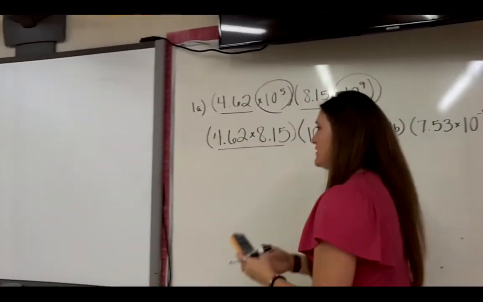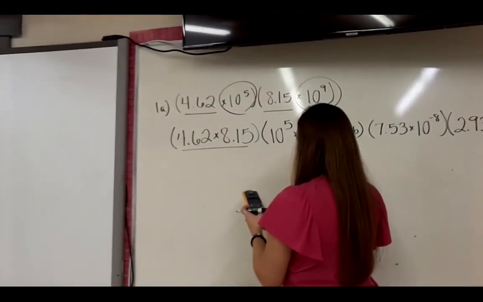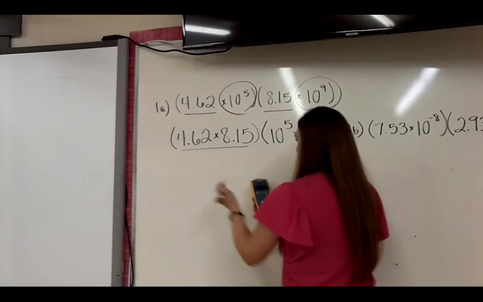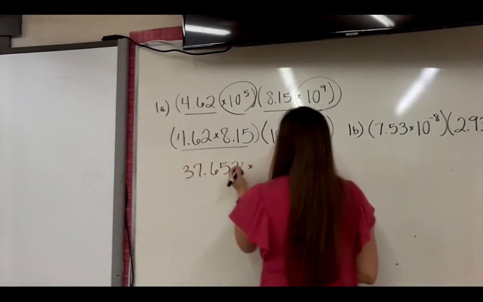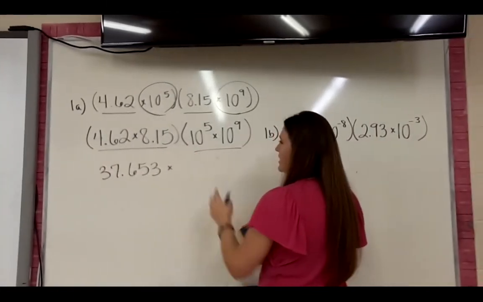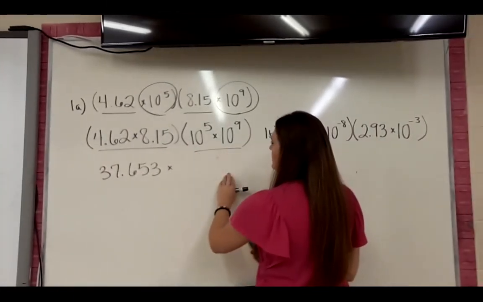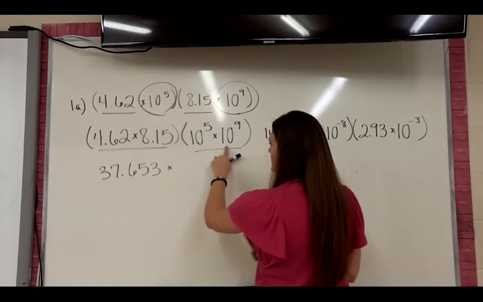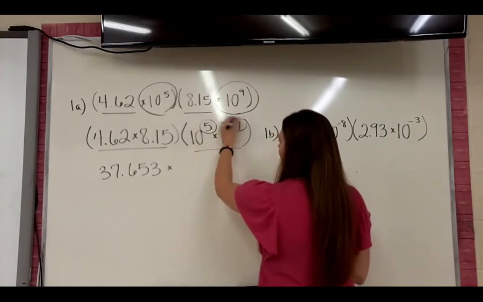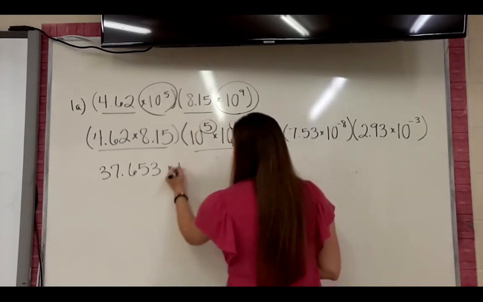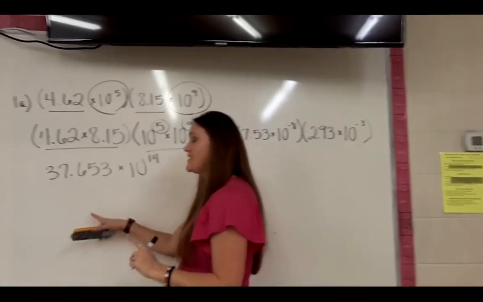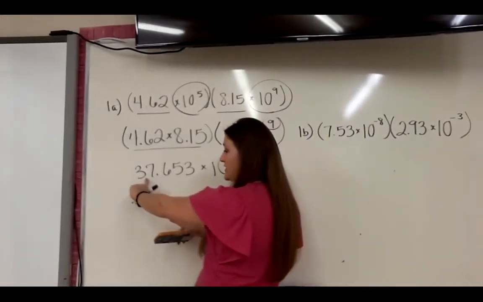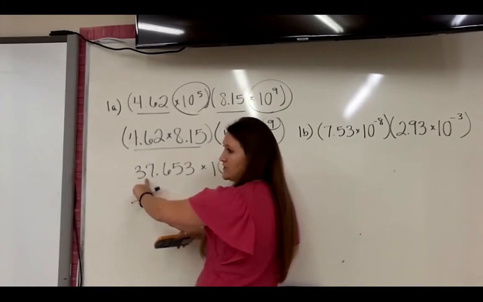Let me grab my calculator. Then, as we just did last week, when we have 10 to an exponent that's being multiplied, you add the exponents. 9 plus 5 is 14. Now, we are not done, because in scientific notation, the decimal always needs to be behind the first non-zero number.